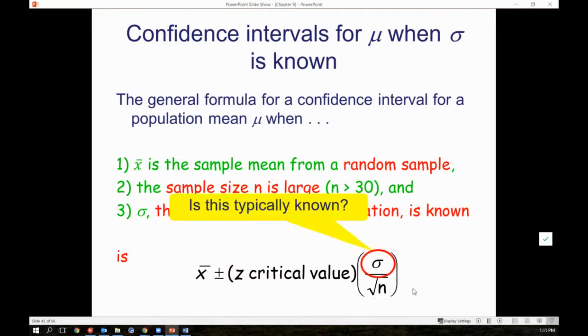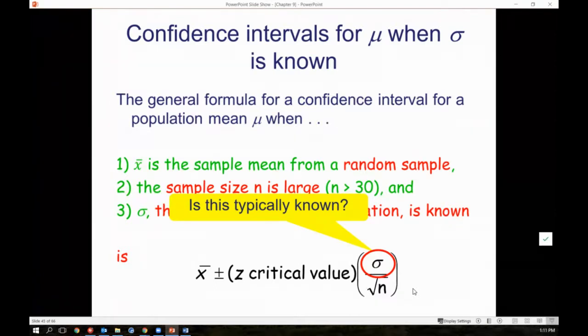I'm going to ask us this: when we're doing an experiment or a study, do we typically know the population standard deviation? No. If we did, we wouldn't really have much of a study to conduct, because we know it.